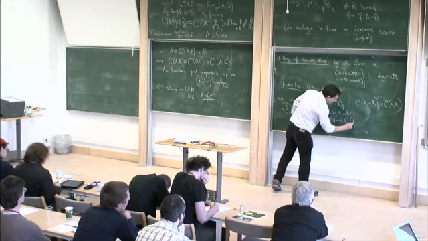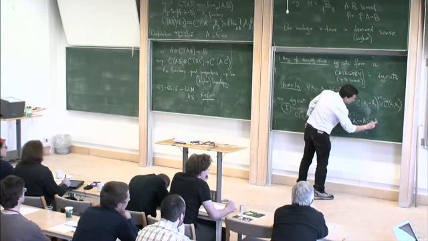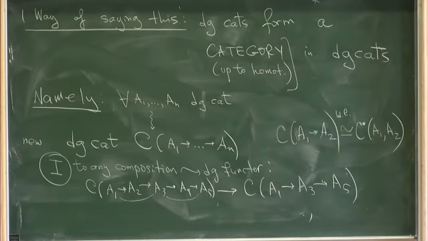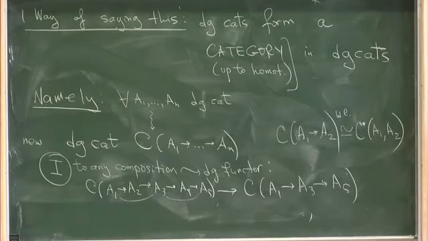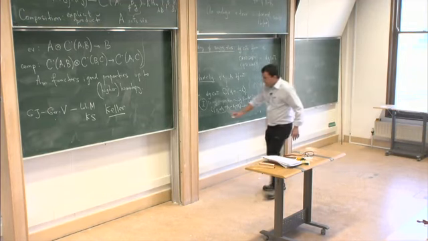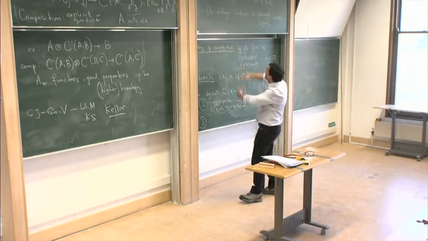So a part of my data will be a collection of differential graded functors whenever I can compose. This is one piece of data.